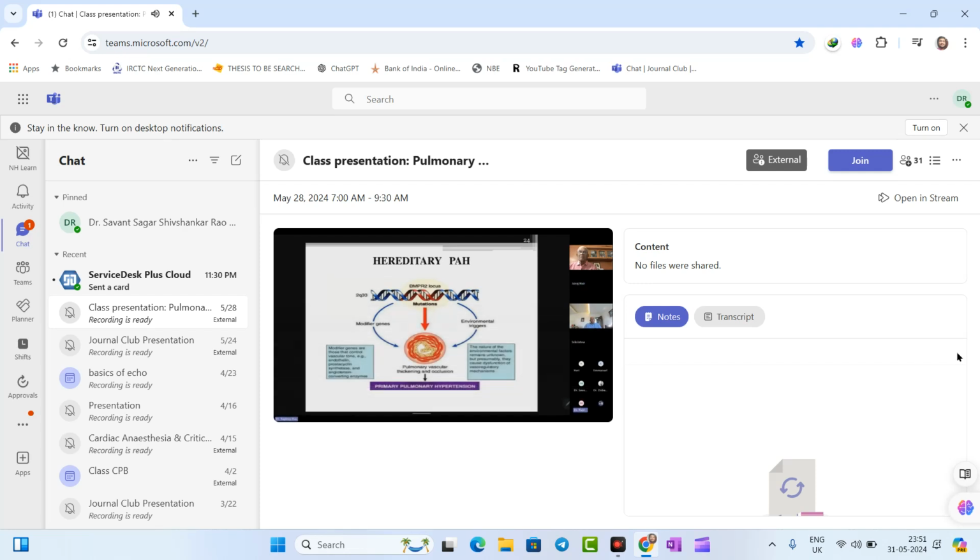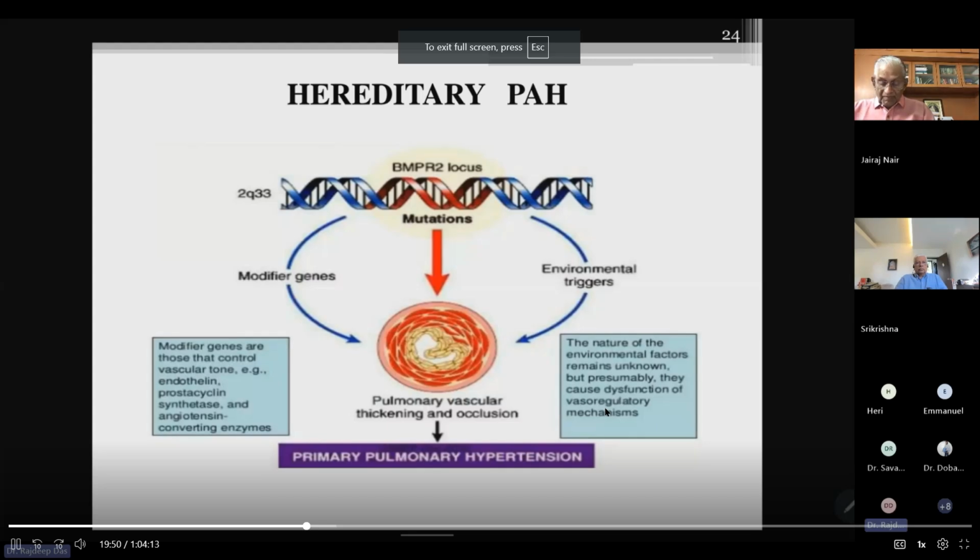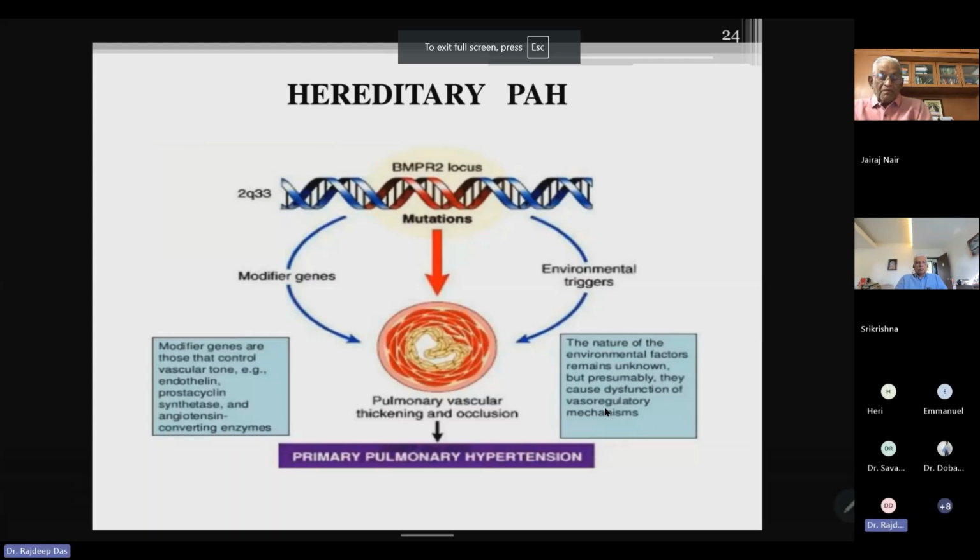Now, the hereditary component of PAH: as you already saw, there is a bone morphogenetic protein receptor mutation, a genetic mutation, and associated with an environmental trigger it may lead to pulmonary vascular thickening and occlusion, which results in primary pulmonary hypertension.